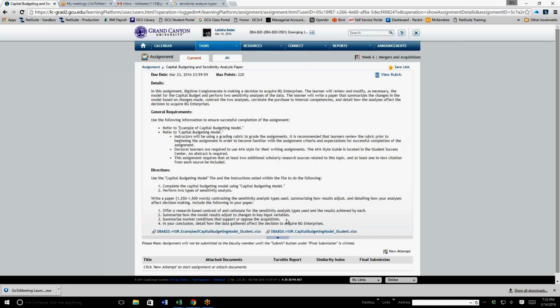So that's more like what we did in the discussion board, does it make sense to acquire during certain market conditions. And then in conclusion, detail how the data gathered affect the decision to acquire BG Enterprises. So I think that's just an analysis of whether or not to acquire them.